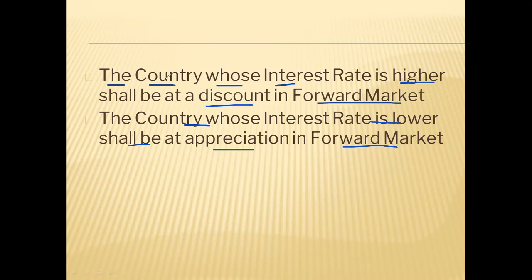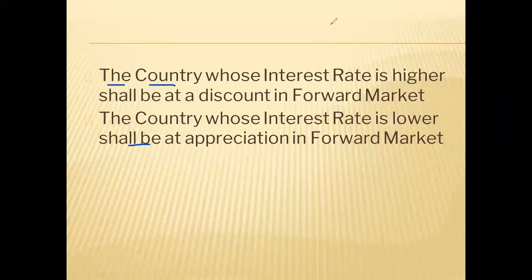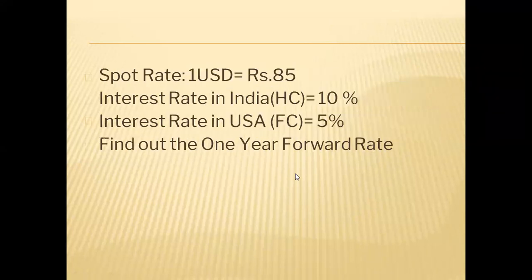A country whose interest rate is higher will be at a discount; its value will decrease in the forward market, and the country whose interest rate is lower, its value will appreciate in the forward market. Now see, if we apply this theory in this illustration, we can find out better.